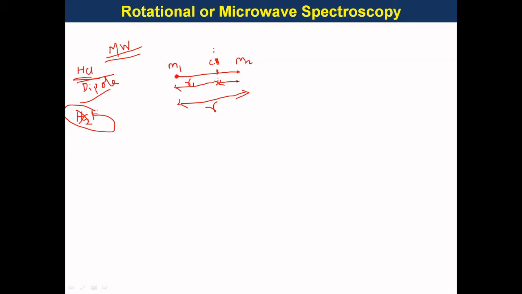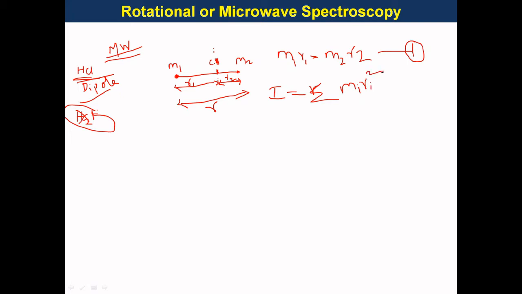From the center of gravity, atom 1 is at a distance of r1 and atom 2 is at a distance of r2. At the center of gravity, m1 r1 equals m2 r2. The moment of inertia I is given by I equals the summation of mi ri squared.